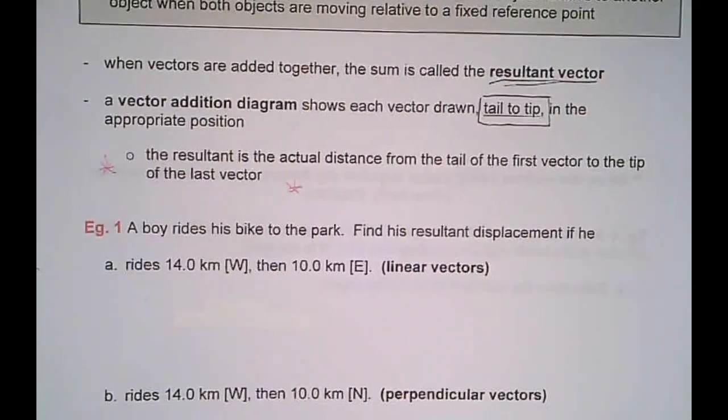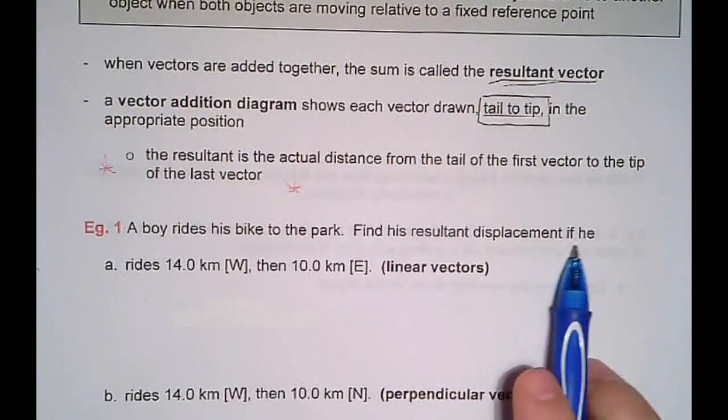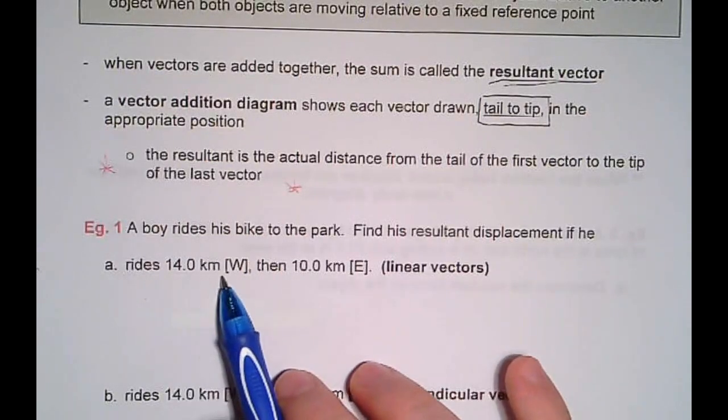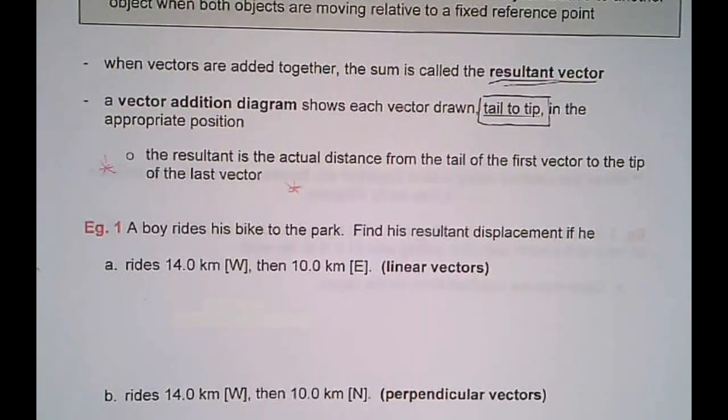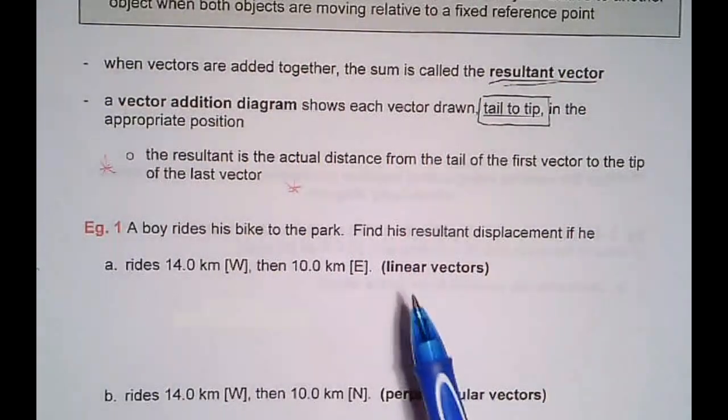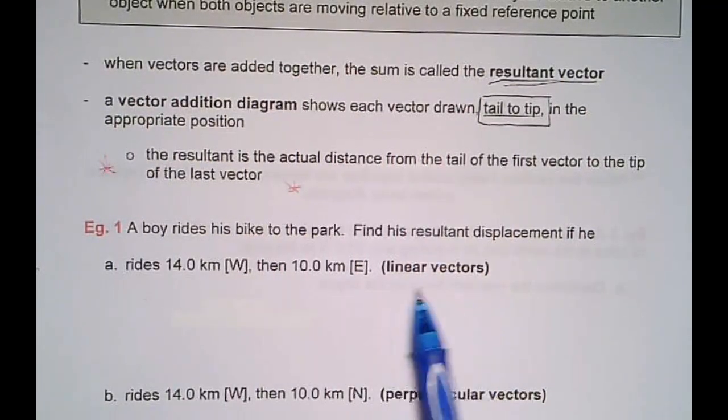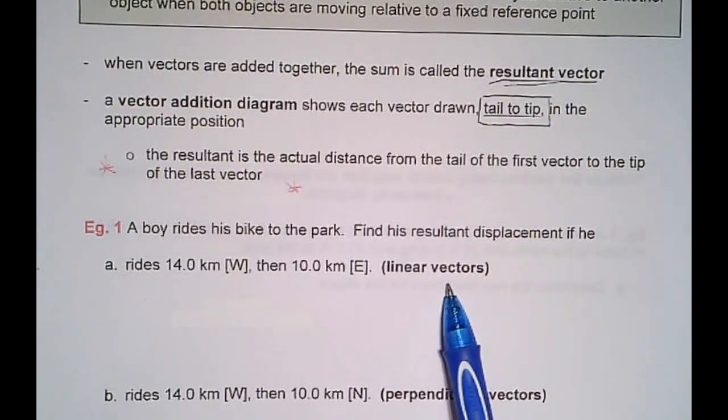So let's look at this example. A boy rides his bike to the park and we want to find his resultant displacement if he rides for 14 kilometers west, then turns around and goes 10 kilometers east. This goes back to how you did linear vectors in grade 10 science.